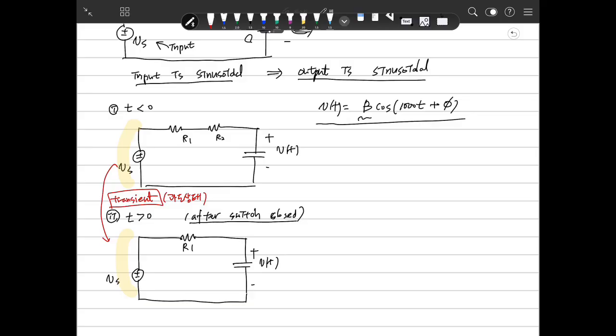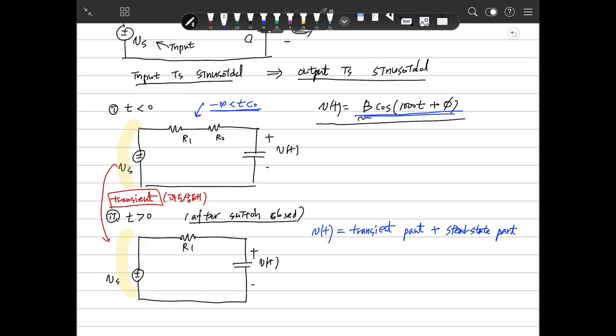So the solution of this Vt consists of a transient part and a steady state part. Actually, this is a steady state part. Why? This circuit is maintained from minus infinity time to 0. So the time is very long, so the state is the steady state.